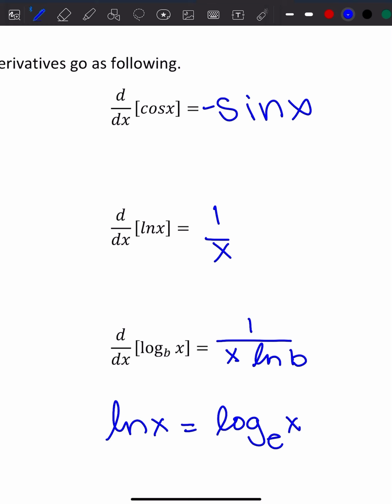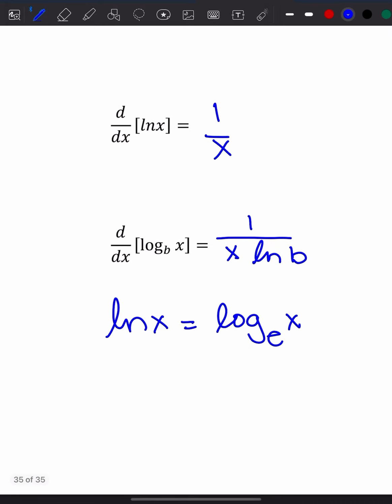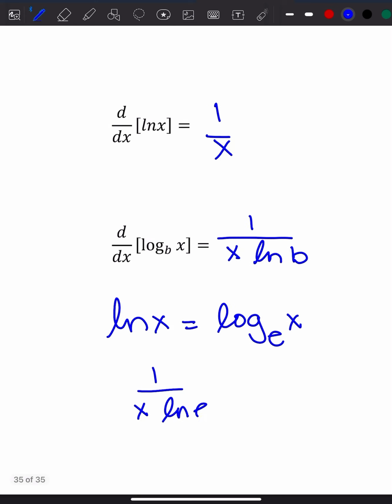And if I were to simplify 1 over x natural log of e, natural log and e cancel each other out. They create a 1, and it's because they're inverses of each other. So we can just get rid of it and we ignore it, which is why we get 1 over x.